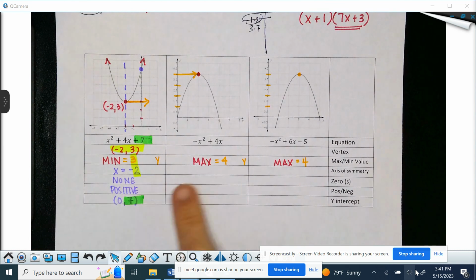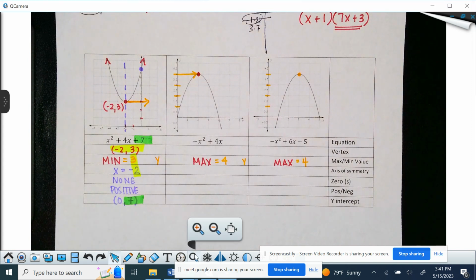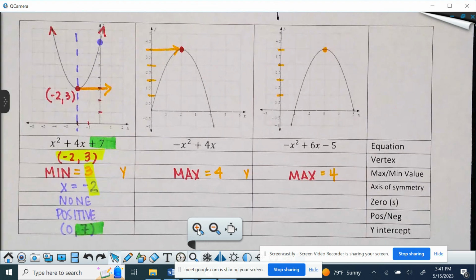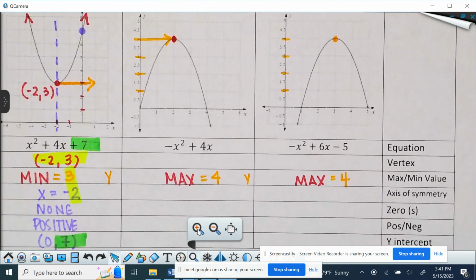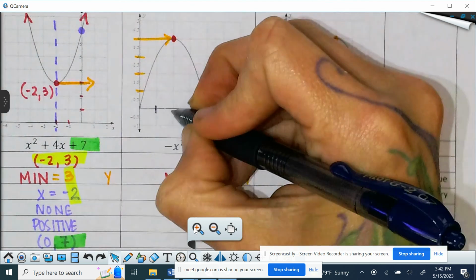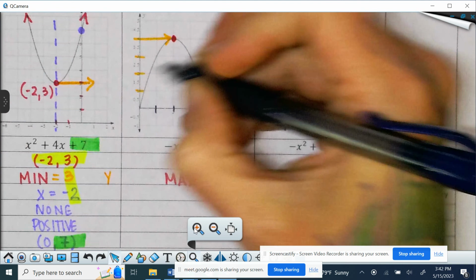What's the vertex of this guy? Can you guys see it, or do I need to zoom in? So this is 1, 2, 3, 4. 1, 2, 3, 4.